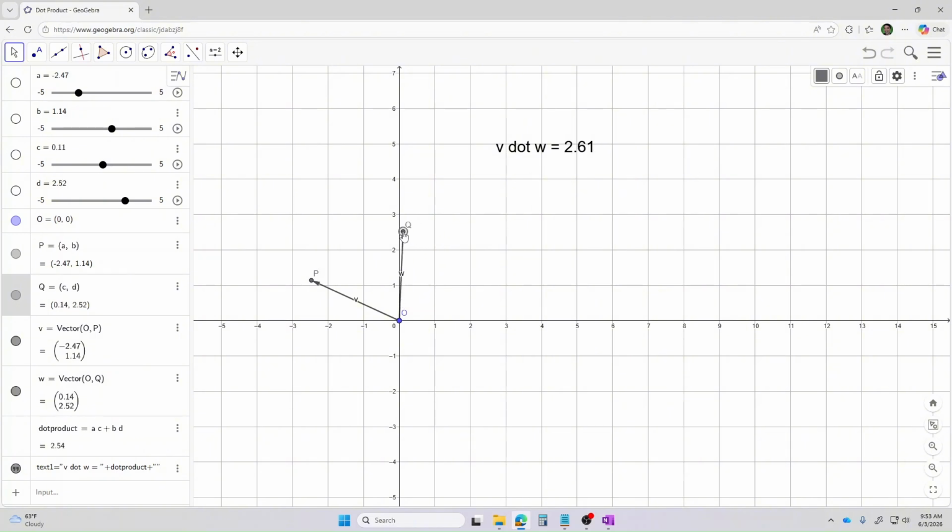And then as the angle between the vectors shrinks towards 0, the magnitude of the dot product increases. So the magnitude of the dot product is affected both by the length of v and w and by the angle between the vectors v and w.